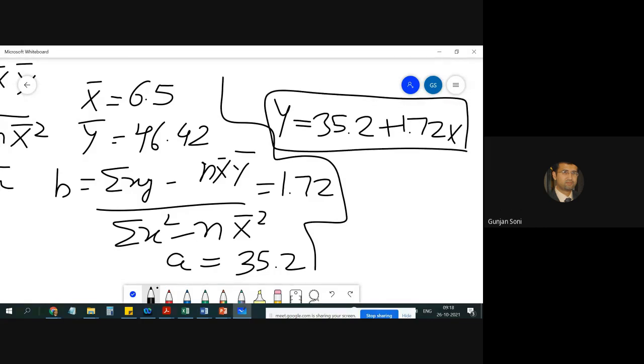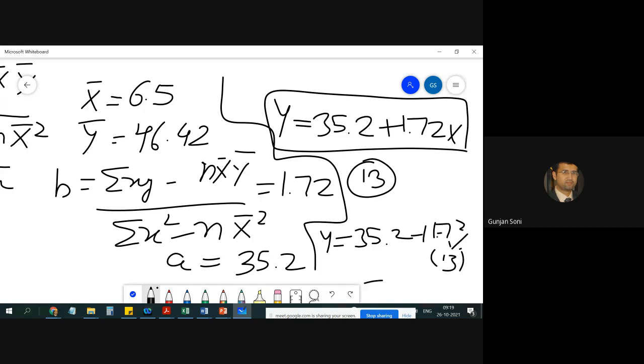Now, what do we do with this equation? Let's say we want to find out the forecast for period 13. We can simply substitute the value of x as 13, and correspondingly it is coming out as 57.56 units.